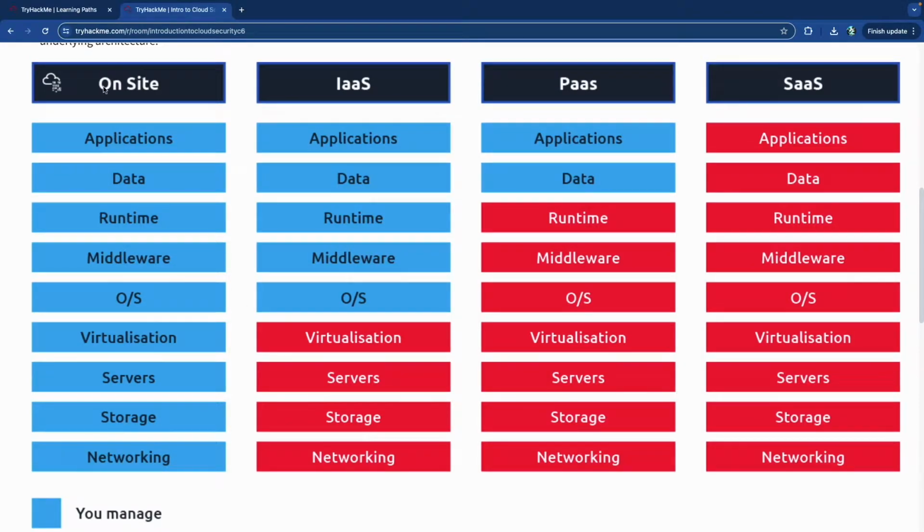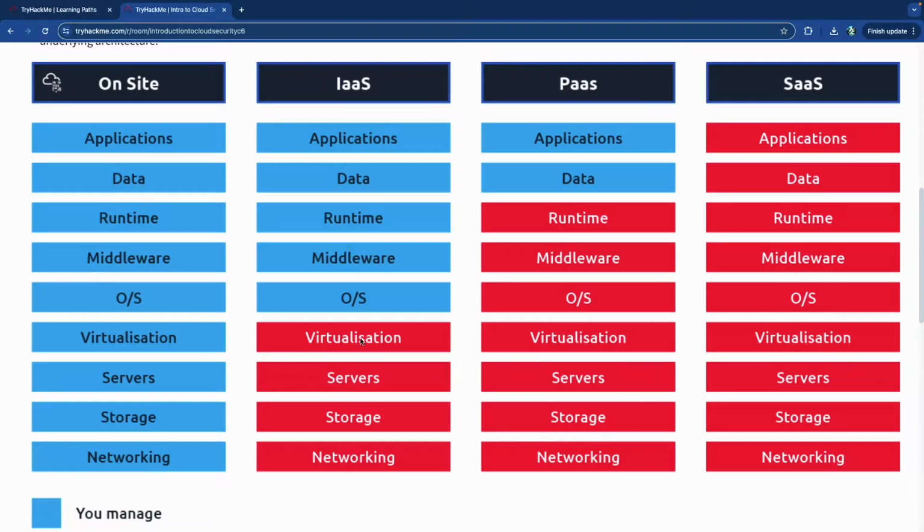When it's on site, when you build the server, the data center, whatever it is, you literally go from the bottom up. You set up the network, the storage, the server itself. You have to virtualize the machine and install the OS on it. Then there's the middleware, which is everything in between the OS and the actual applications. Then the runtime, the data, all of that you have to manage.